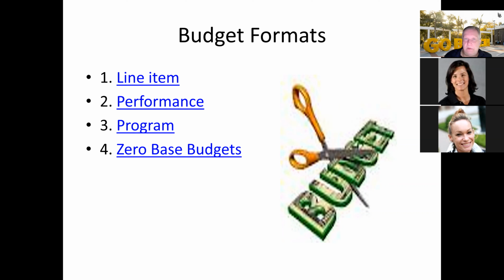So it would be the police department and the fire department, or maybe emergency preparedness department, and they all have their own individual budgets. In a program-based budget, we budget according to the program area rather than the individual unit or department. So instead of budgeting according to police, fire, and emergency planning, we may budget according to a program known as protection of persons and property.